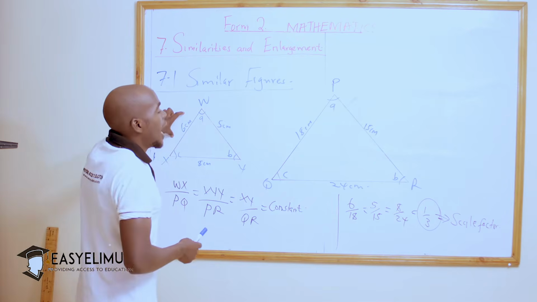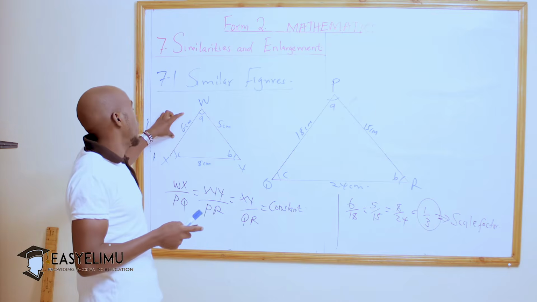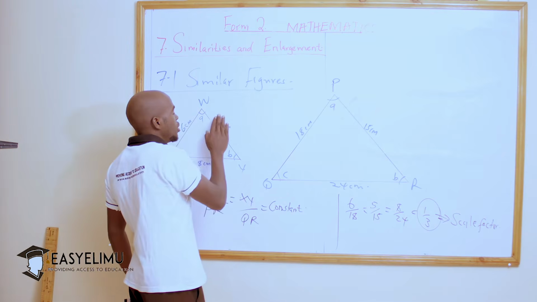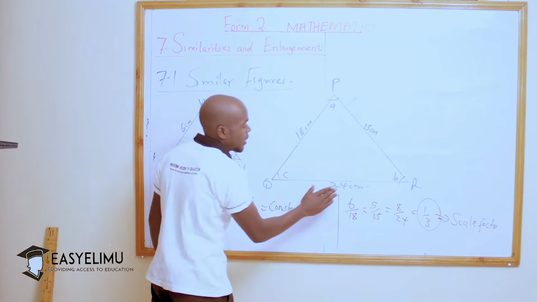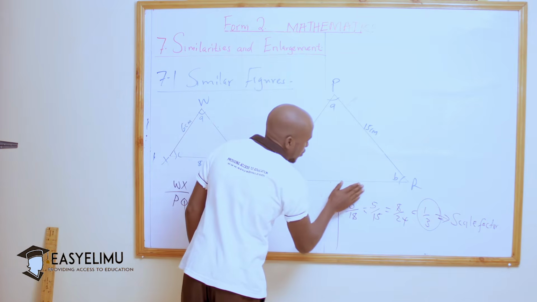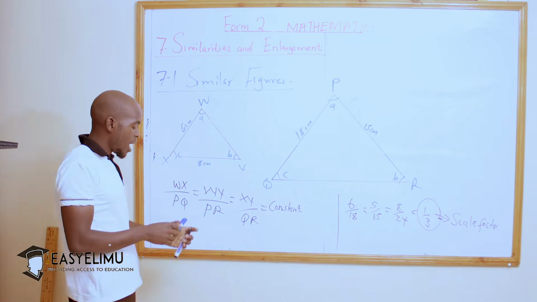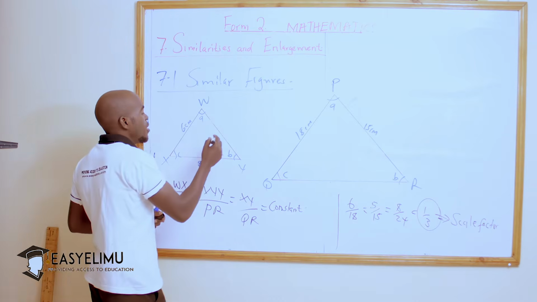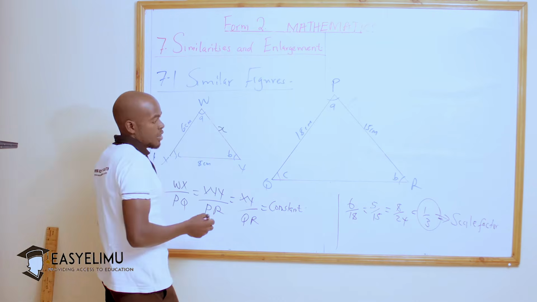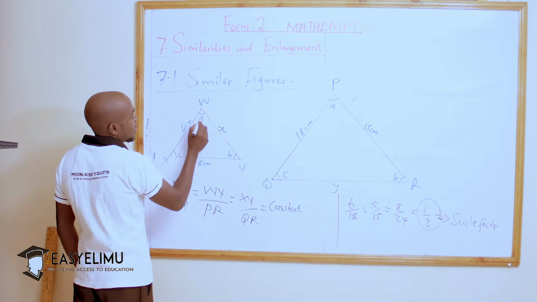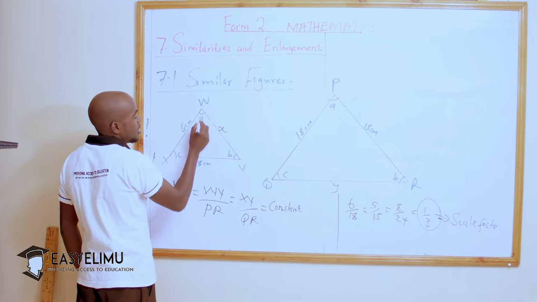Then you may be asked to compute either of the sides. For example, you may be asked to find this side, maybe this one may be X and this one Y, and you may be given this side, for example 30 degrees.